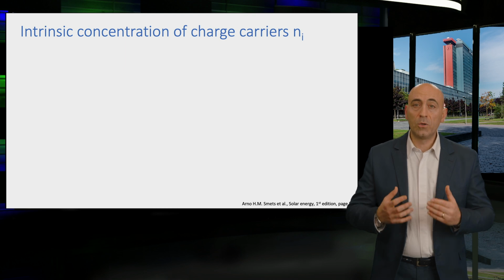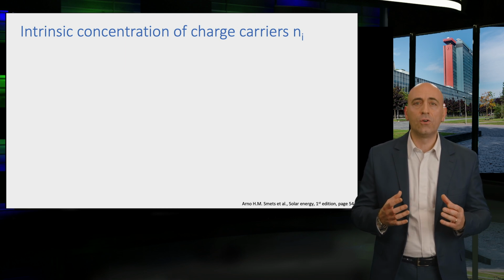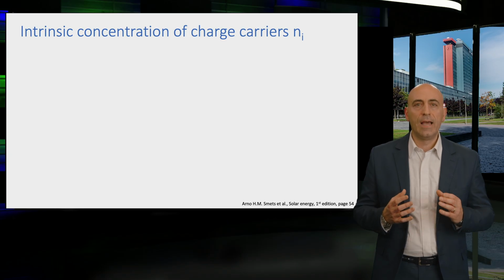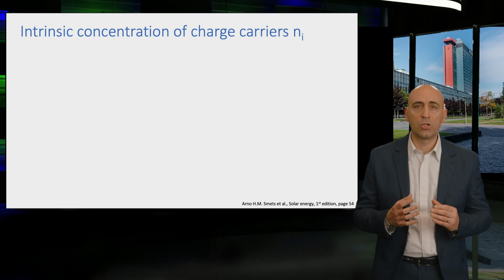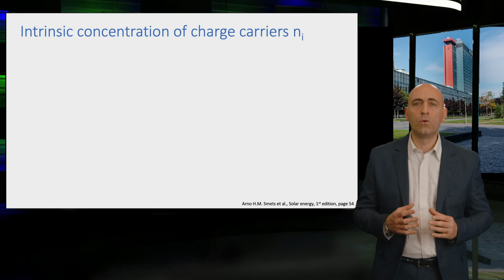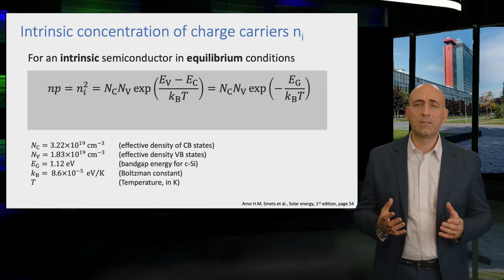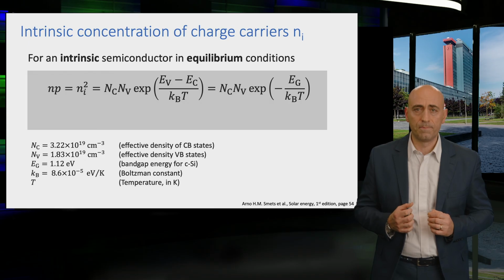Now we get to an important property of semiconductors, the intrinsic carrier concentration, or Ni. Ni squared is equal to the product of N, the concentration of electrons occupying states in the conduction band, and P, the concentration of holes occupying states in the valence band. This product can be calculated as follows.